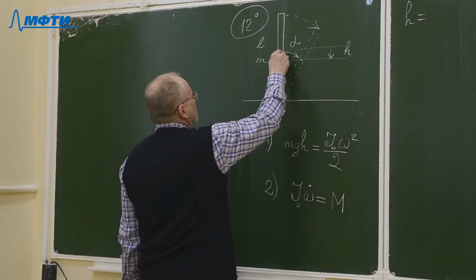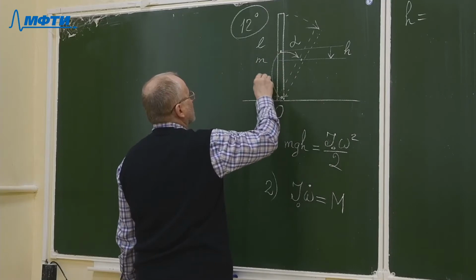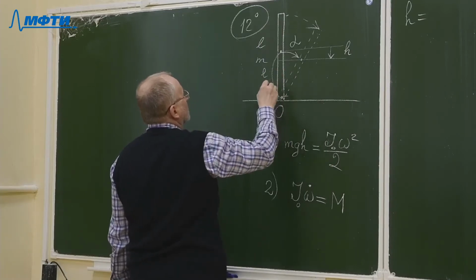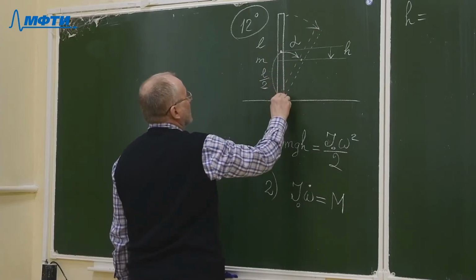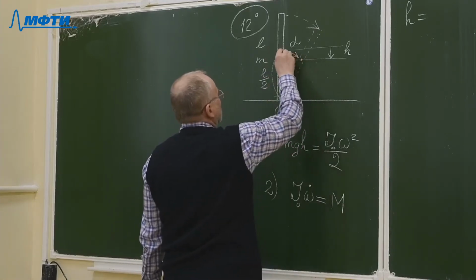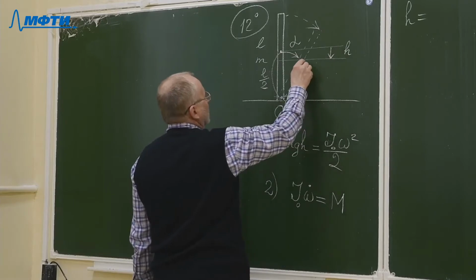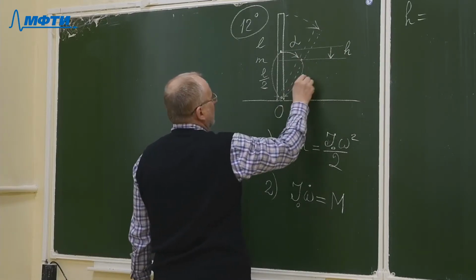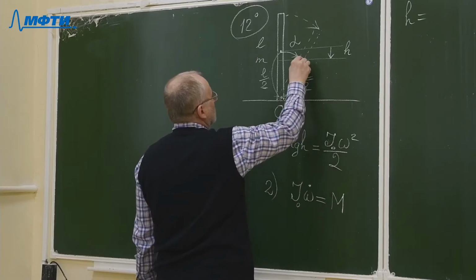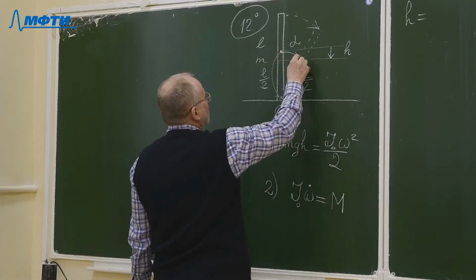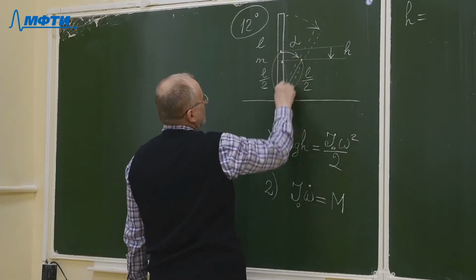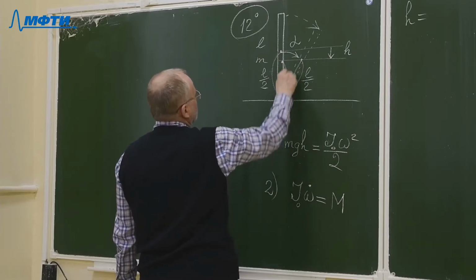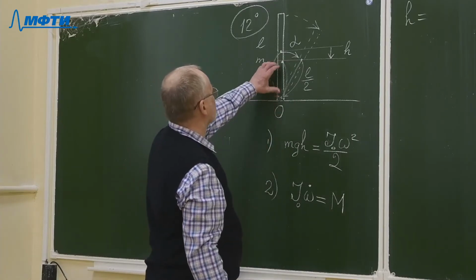The original height was the length of the chimney over 2, that is half of the length, and then the final position will be the same length L over 2 inclined at alpha, so that from the original position I must deduce the final altitude of the center of mass.